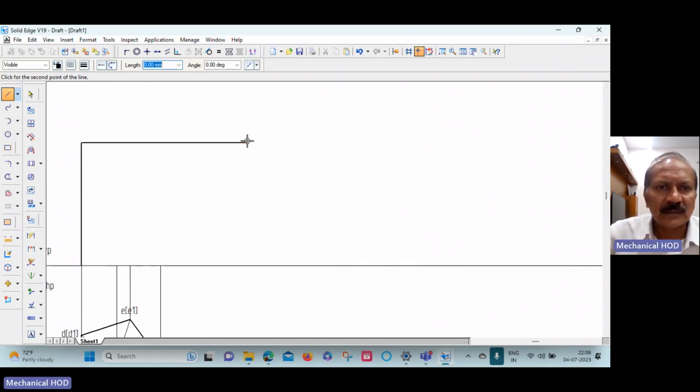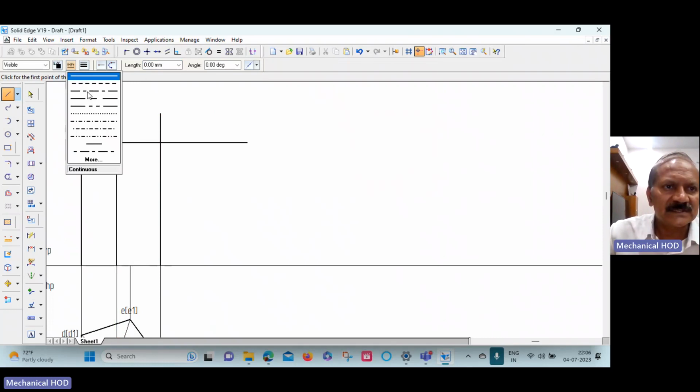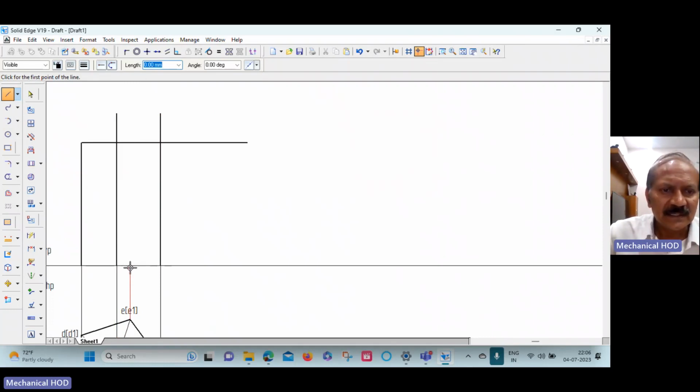Draw one line. Again from here, draw another line. From here, draw another line. Then go to 0.13 thickness chain line, because this is the axis. Axis should be thin and chain line.